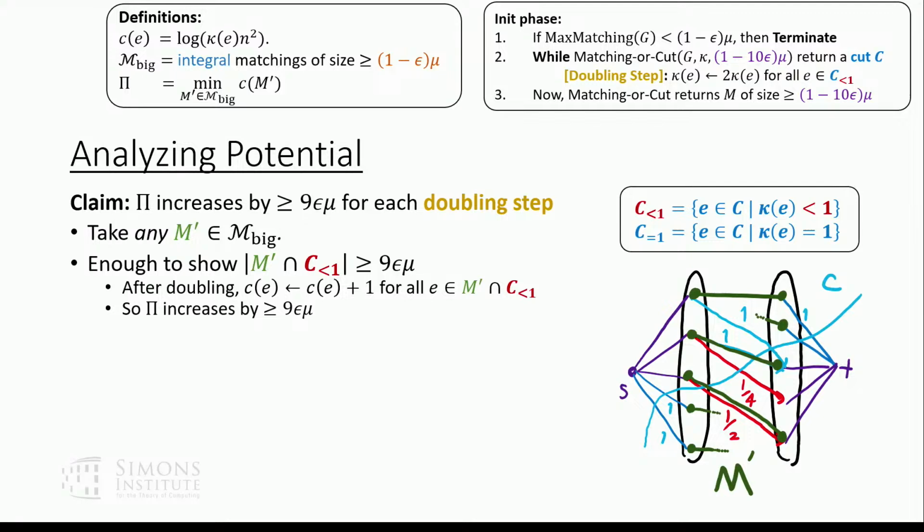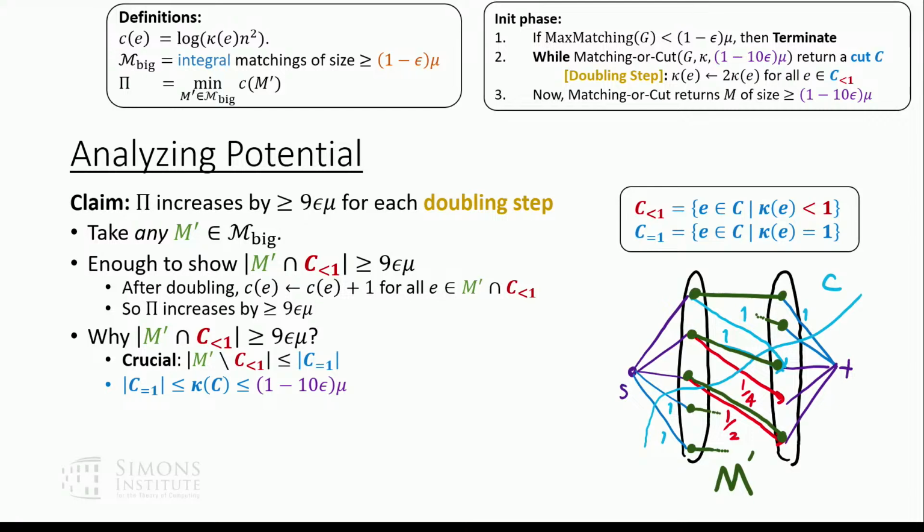So we just need to show that any maximum matching uses a lot of red edges, and this just follows from the definition of cut, which is basically that the red edges are everything that's not the blue edges. So the claim is that just the blue edges would not allow you to have a large matching, because this is by definition a cut, right? We know that all of these blue edges together are at most the capacity of the cut, which is at most 1 minus 10 epsilon mu, because your cut is certifying that you don't have a matching of size 1 minus 10 epsilon mu.